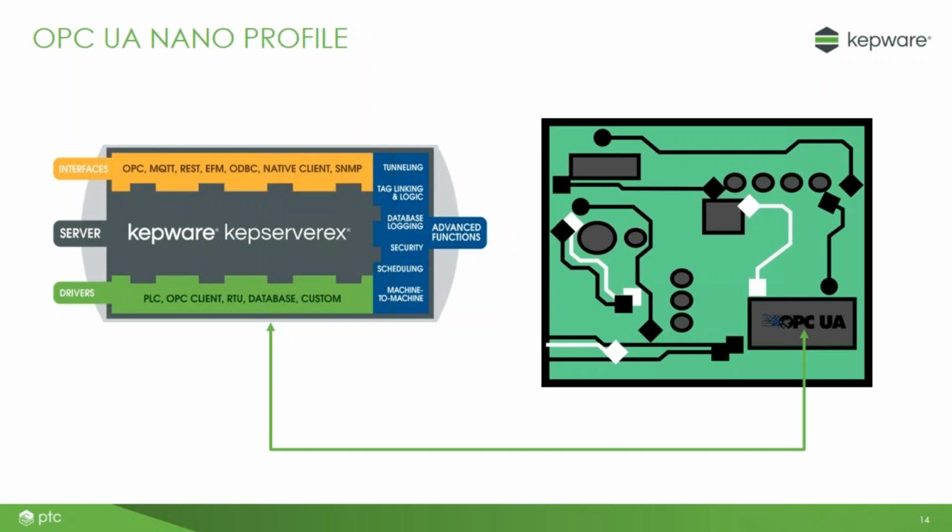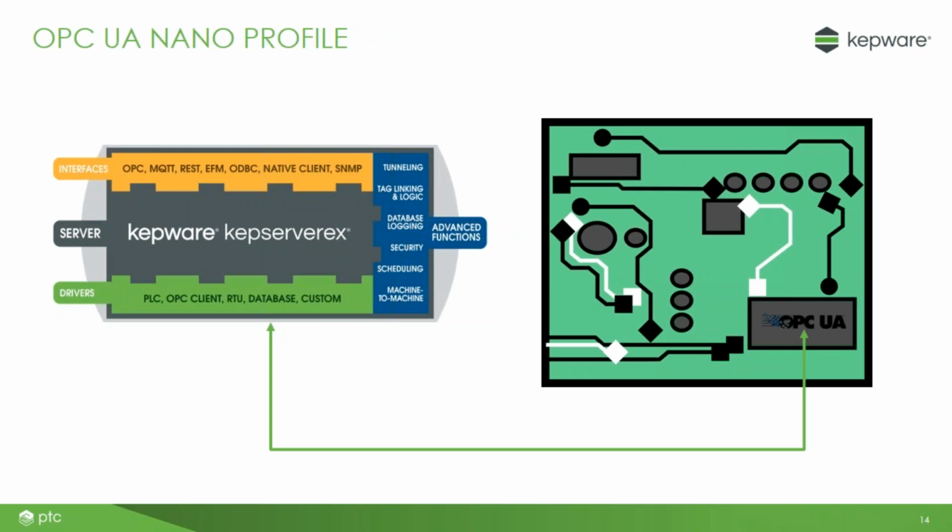We actually don't necessarily have a list of any vendors that are currently using the nano profile, either hardware vendors or vendors like us who are supporting it through their OPC UA connectivity. So really what we did this for, supporting the nano profile, is to future-proof our systems, right?